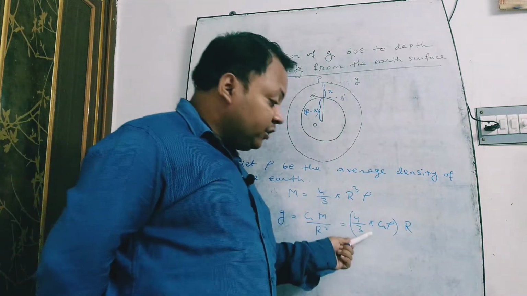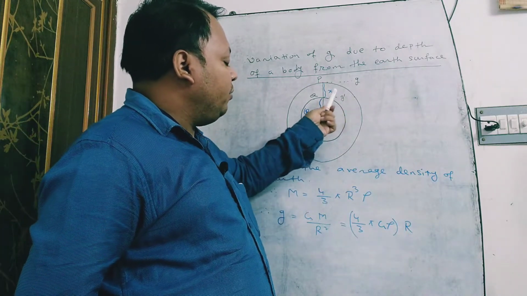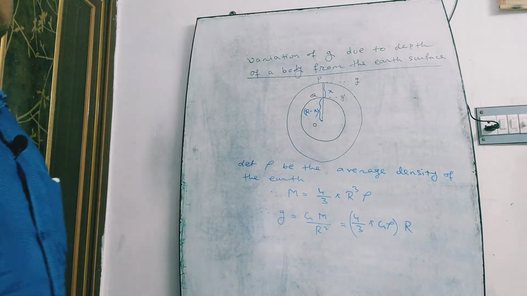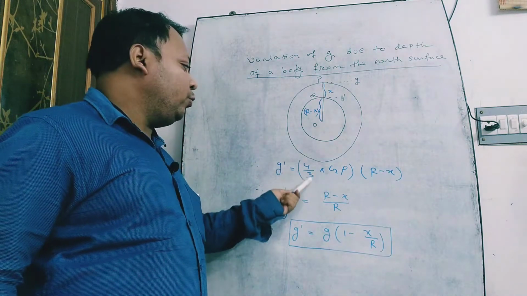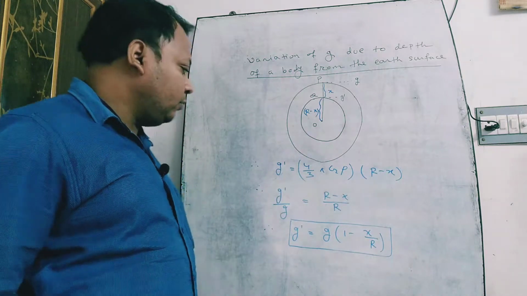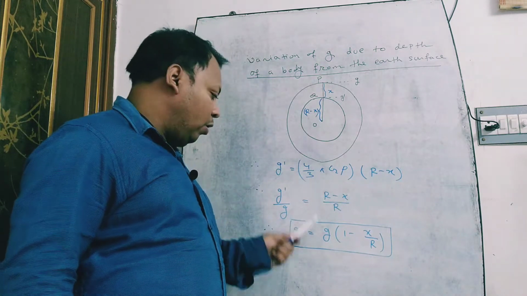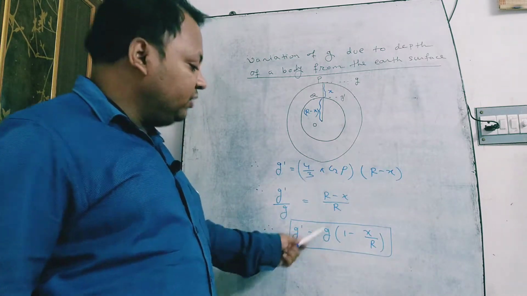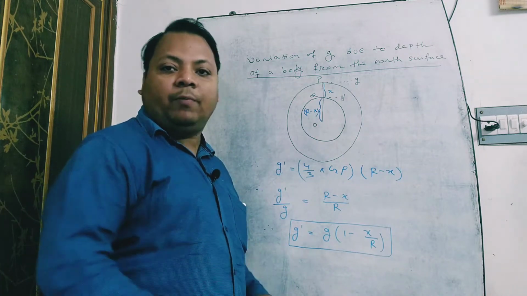Now, from this relation, we can easily write the expression of g and g prime with respect to capital R and x. Therefore, g prime is equal to 4 by 3 pi capital G rho into R minus x, or g prime by g is equal to R minus x divided by capital R, or g prime is equal to g into 1 minus x by R. This is the relation between the acceleration due to gravity and the depth of a mine.